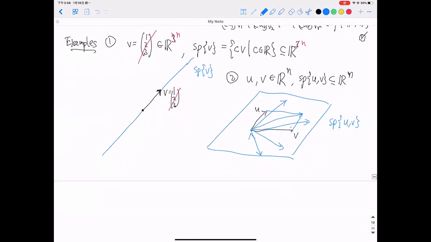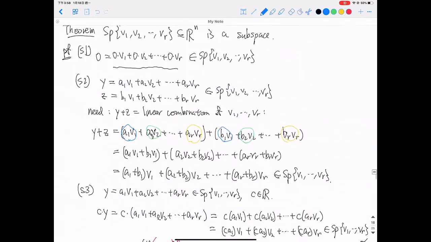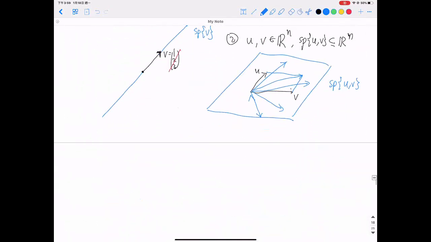Now let's see here. The next class of examples is the following. Suppose A is an m by n matrix, and b is an m-dimensional vector.